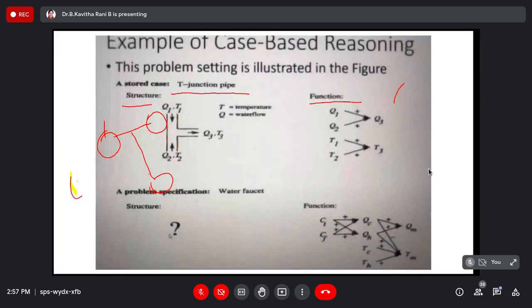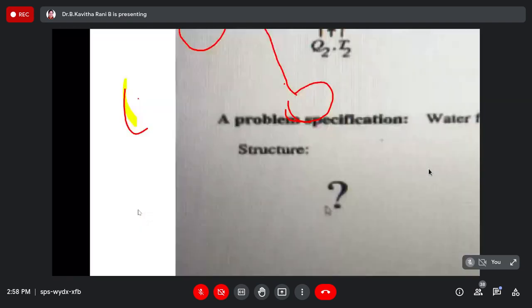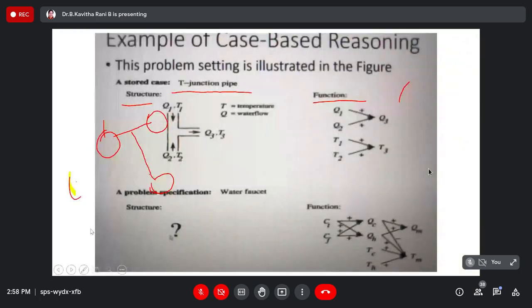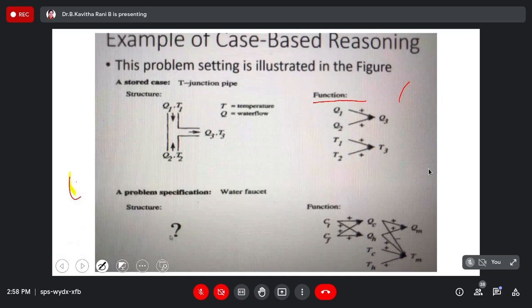So likewise, you are using a T junction. Now if you see here in structure, this is your first inlet Q1.